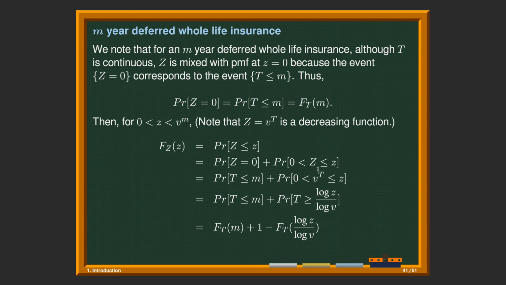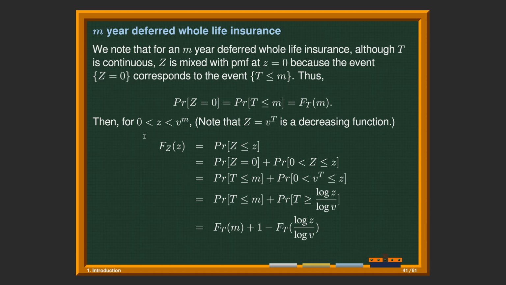Okay? And then again, we note that z is v to the t. And from the discussions earlier, this event is actually the same as this event. So the probability of this event is this. Okay? So in other words, the CDF of z, given that z is the random variable for an M-year deferred whole life insurance, is given by this expression, which is an expression in terms of the CDF of t, right?